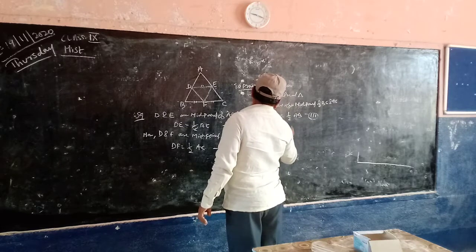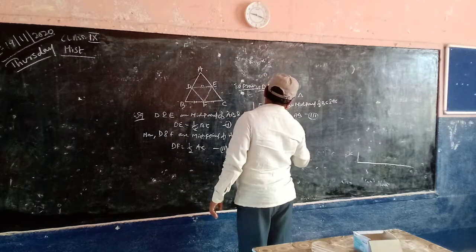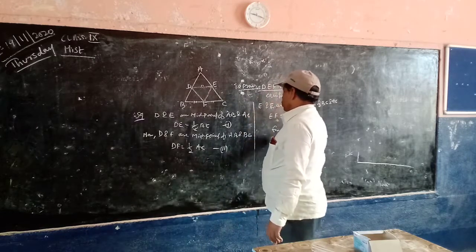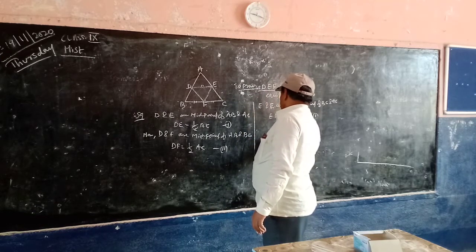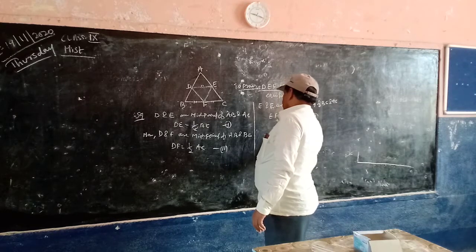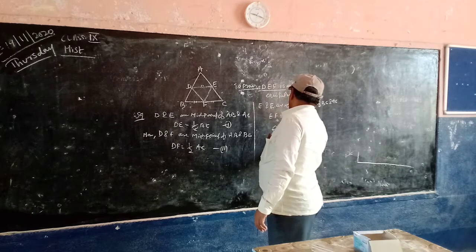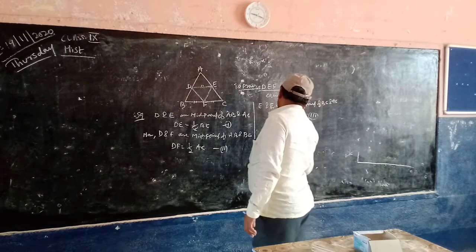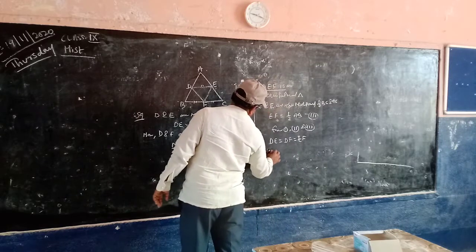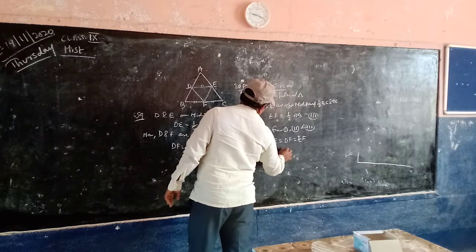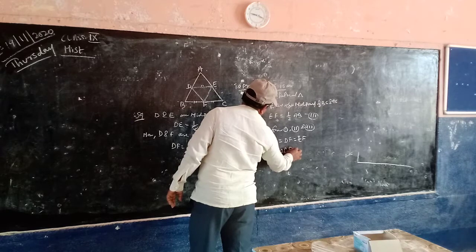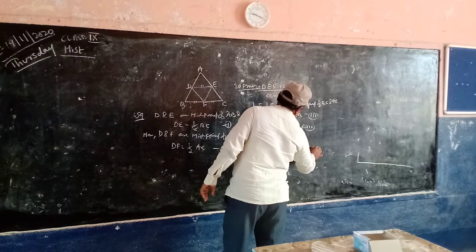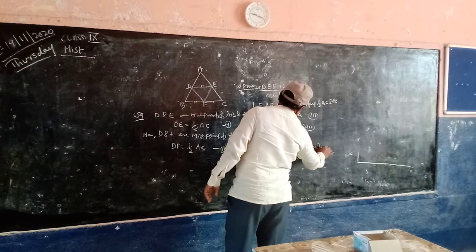From first, second and third, DE equals DF equals EF. Hence DEF is an equilateral triangle.